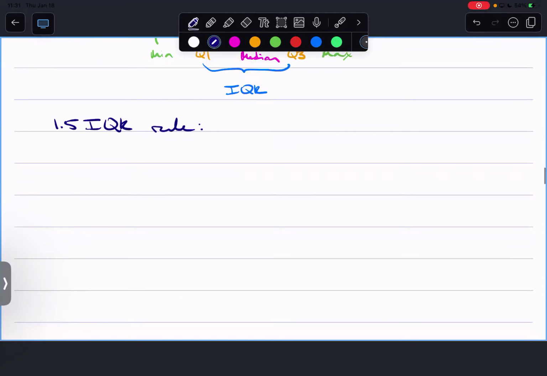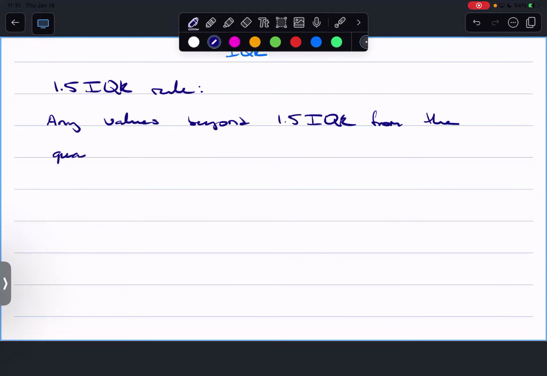Okay, so I'll write that down. Any values beyond 1.5 times the interquartile range from the quartiles are considered outliers.